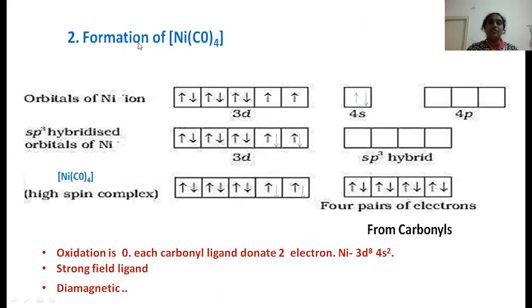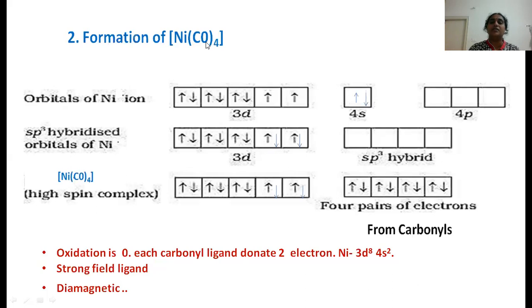For example, consider the complex nickel tetracarbonyl. In this nickel tetracarbonyl complex, the coordination number is 4. That means it may involve either sp3 hybridization or dsp2 hybridization. Here the nickel electronic configuration, as we know, is 3d8 4s2.